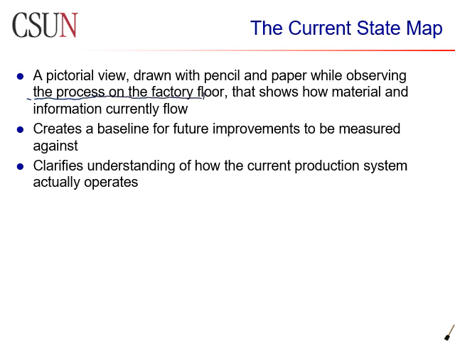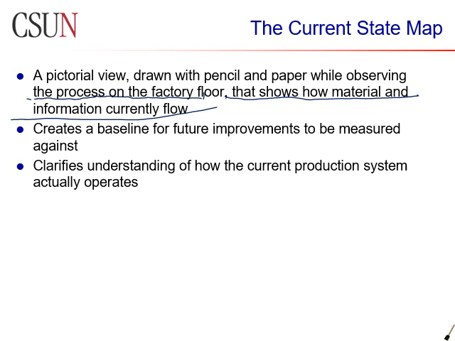We need to go and see by ourselves. That's what we called before Gemba. So we need to observe the process on the floor, write it down, and then transform it into a picture, a graph, a figure that shows how material and information flow in the system.